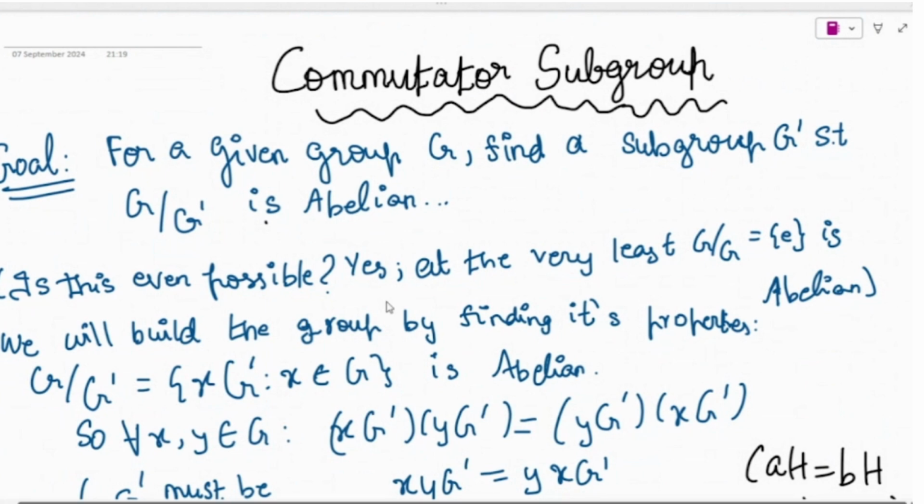Okay, if there are no questions, one thing. Say you have a group and you cannot use the commutator subgroup. How can you find some possible subgroups with which we get abelian quotient groups?